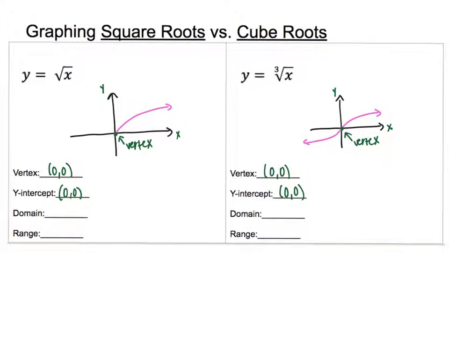So let's take a look at the domain and range, because this part gets a little interesting. If you look at the square root function, notice that it's only on the right side of the coordinate system. Why isn't it drawn on this side? Well, let's think about how square roots work. Square root of 4, let's calculate that.